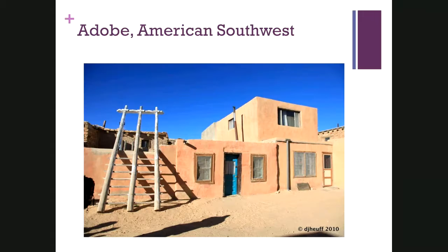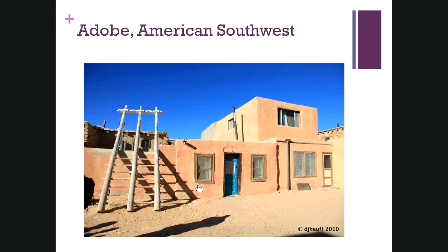An adobe home in the Southwest is also very cultural and regional. These thick adobe walls are using the mud that's available right outside their doorstep. The walls are thick, and there's often interior courtyards.